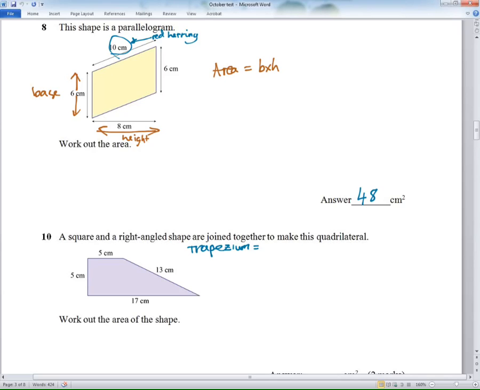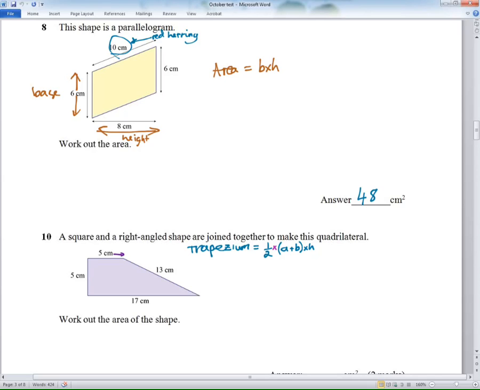So we can use the formula for the area of a trapezium. It's half the sum of the parallel sides times the height between them. So you get a plus b, and you half that: half of a plus b, times the height.